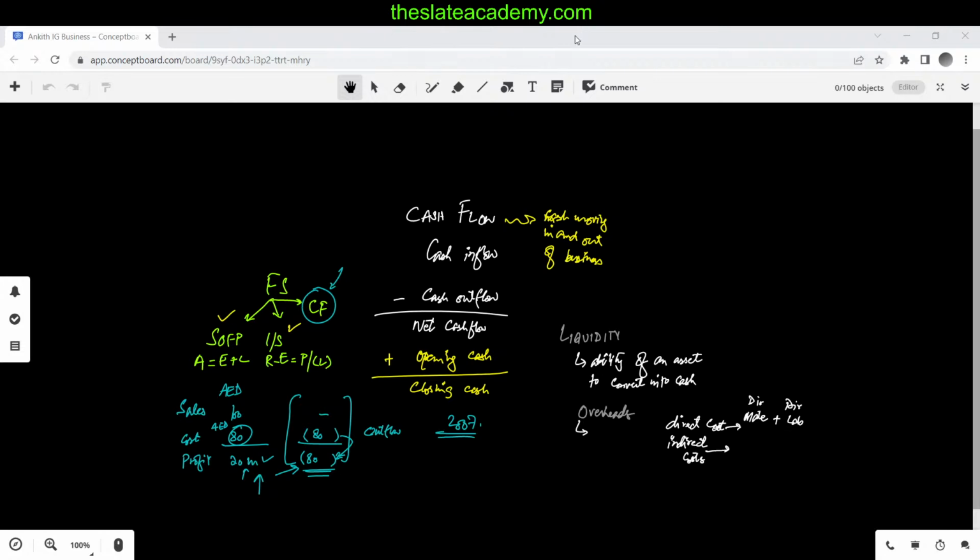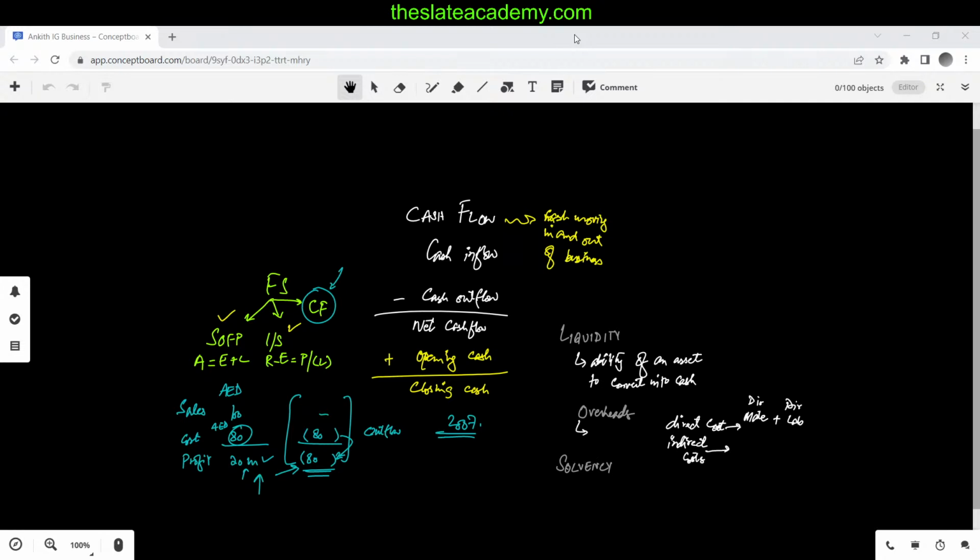Another concept that we have to study besides liquidity and overheads is solvency and insolvency. What is solvency? And more importantly, what is insolvency?